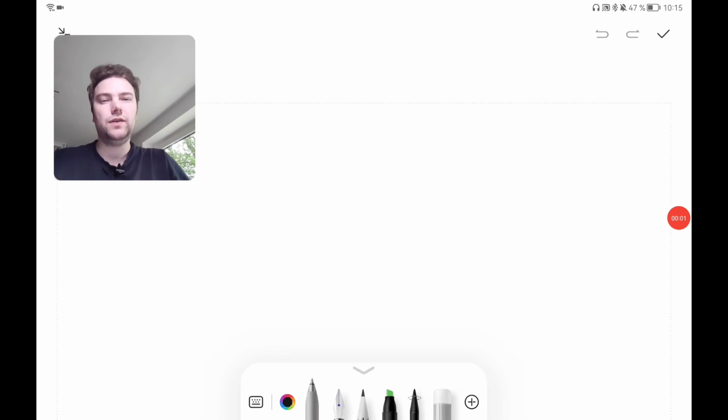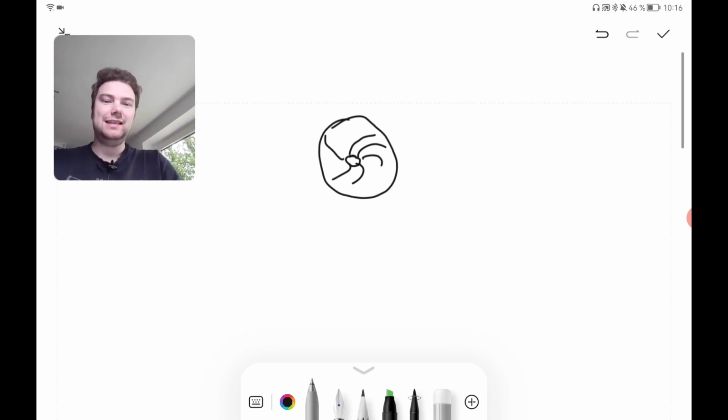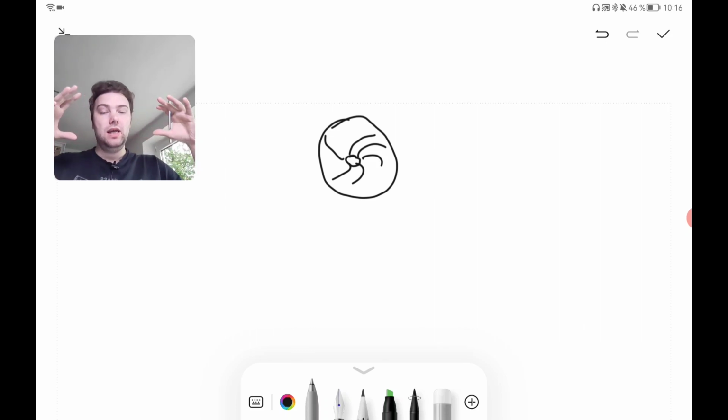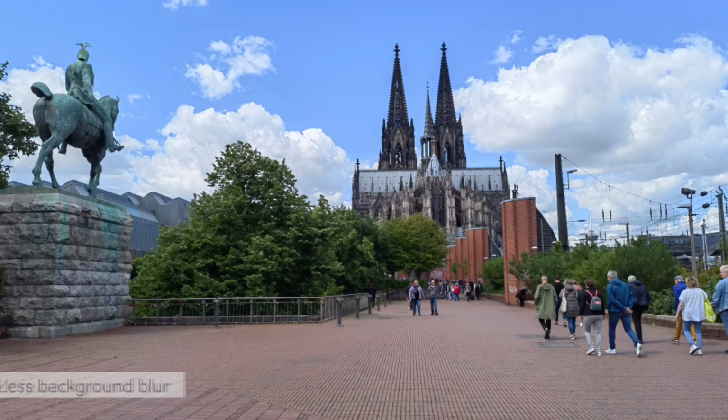So let's first talk about what the aperture is. The aperture is basically the little hole. I'm not so good at drawing, but this is like your camera lens, and then there are the blades that can open and close. The wider the hole gets, the more background blur you can get and the more light can fall in, and the smaller it gets, the less light falls onto the sensor.